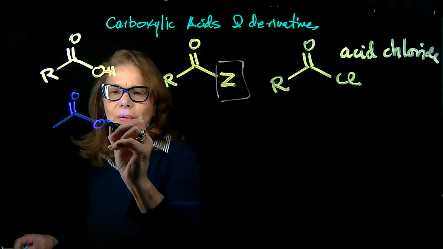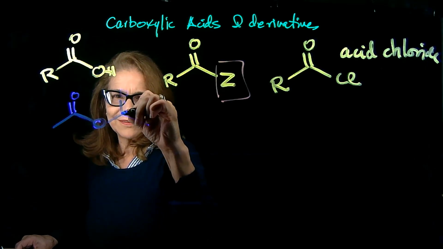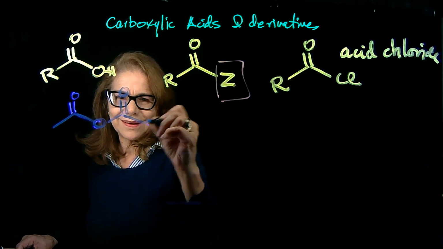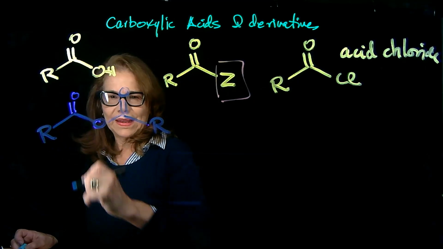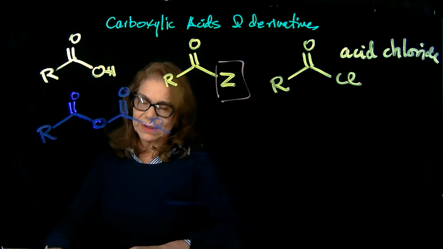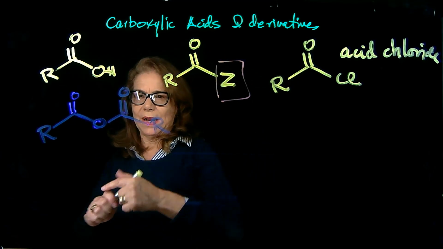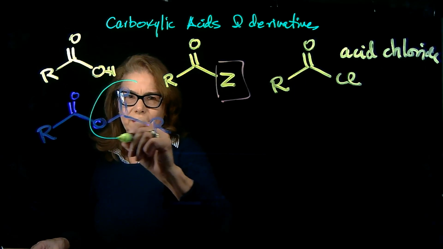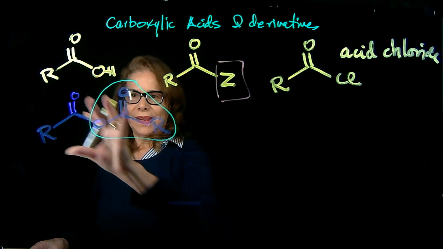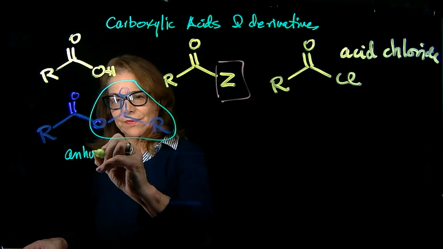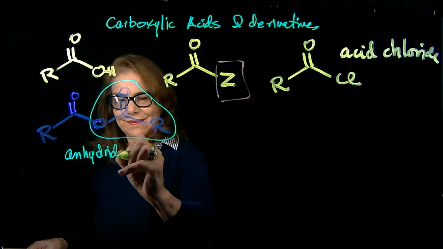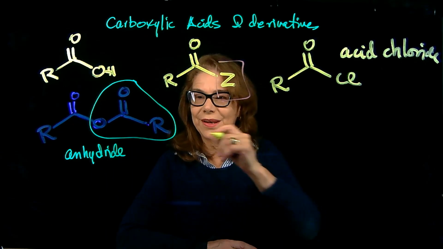Let's make it bolder, it was kind of too light. Okay, so what I did was replace the Z by all of these, and altogether this molecule is an anhydride. So that's another derivative.